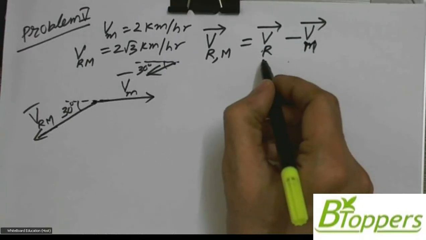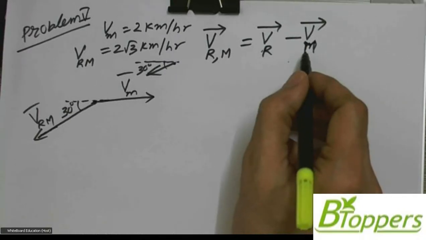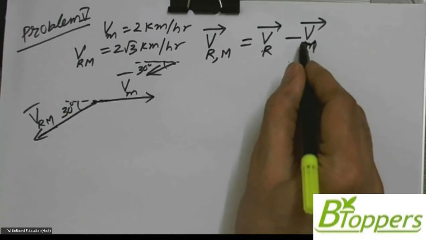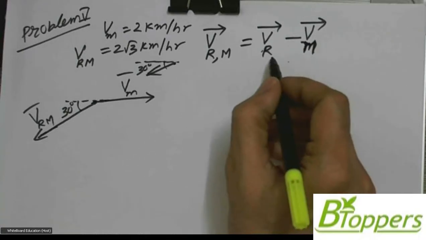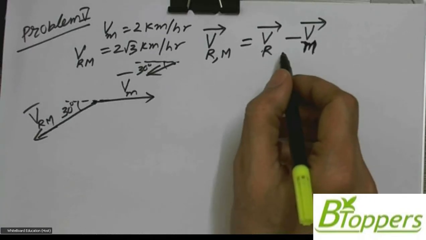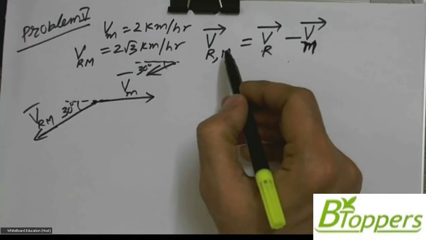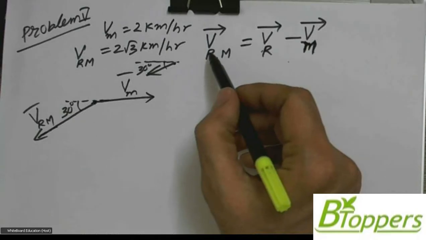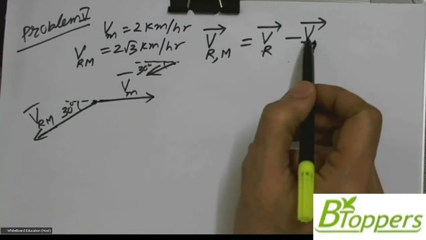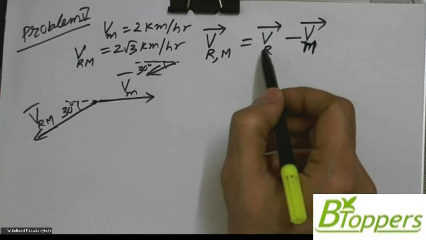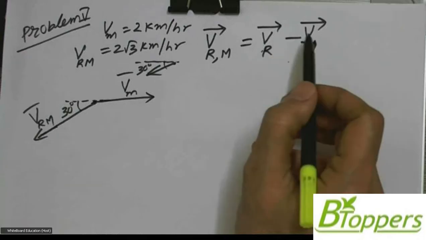Here V R bar represents the actual velocity of the raindrops and V bar subscript M represents the velocity of the man. You are given the magnitude and direction of the relative velocity, and the velocity of the man. You are asked to find the actual velocity of the raindrops, so this vector you have to find.